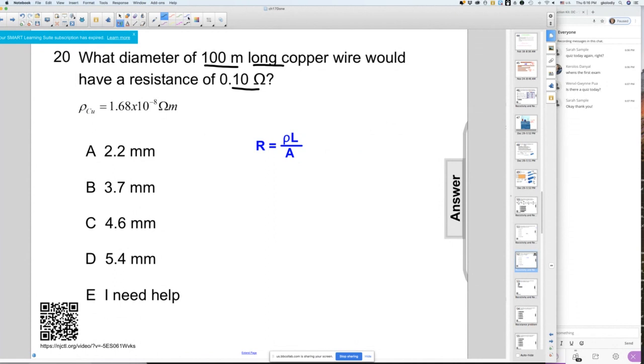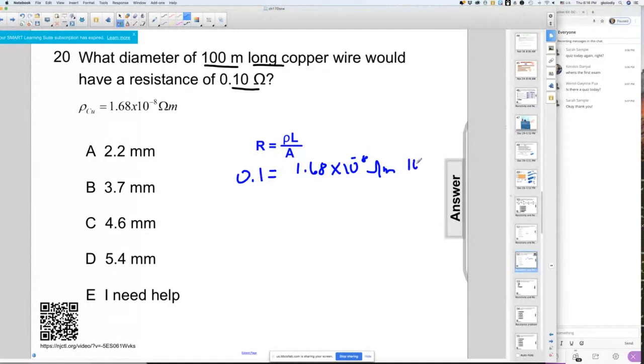So basically, he's doing it in blue, so let me do it in blue. 0.1 is equal to rho. This is copper wire, so rho is 1.68 times 10 to the minus 8, and the units for rho are ohm meters, times the length, which will be in meters.